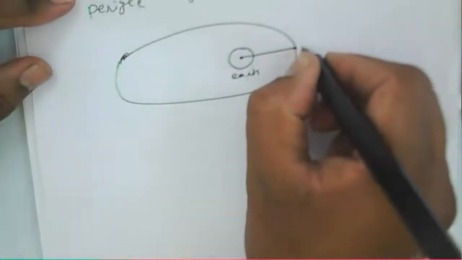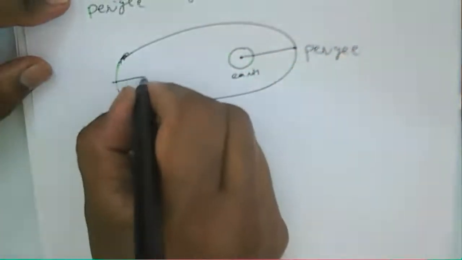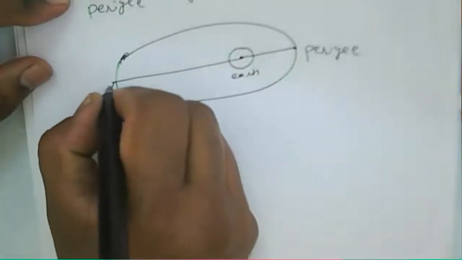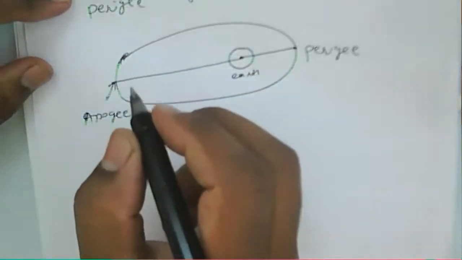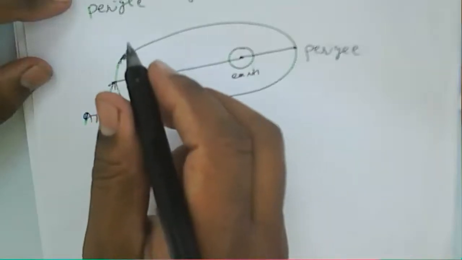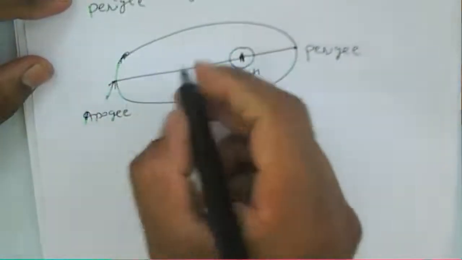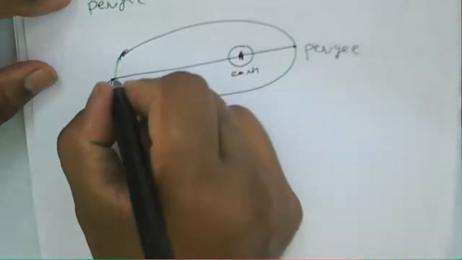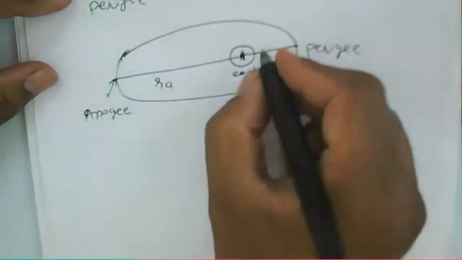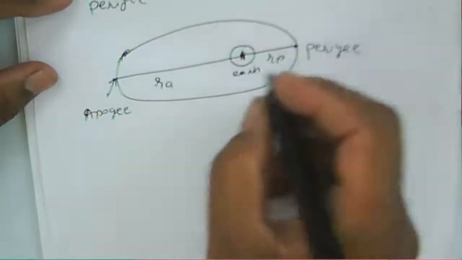Now, this distance is called the perigee, and this distance is called the apogee. Now this apogee, the height of the satellite, from the center of the earth to this apogee is called RA. From the center of the earth to this perigee, it is called RP.